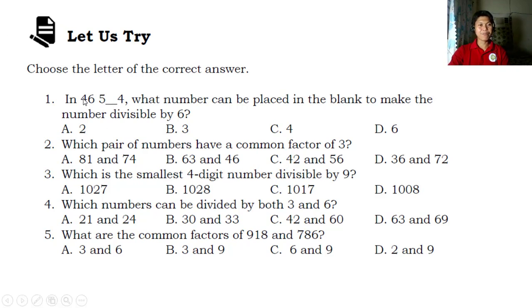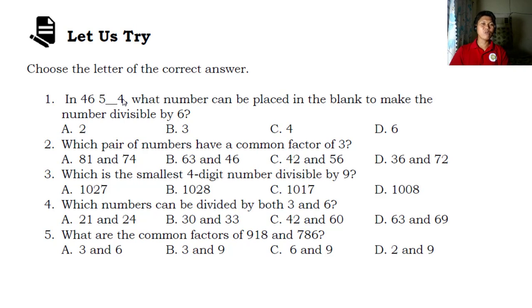Like for example, this one. 4 plus 6 equals 10. 10 plus 5 equals 15. 15 plus 4 equals 19. 19. Dagdagan mo lang para maging ano yung mga multiples of 3? 3, 6, 9, 12, 15, 18. Kasi 19 ka na, 21.